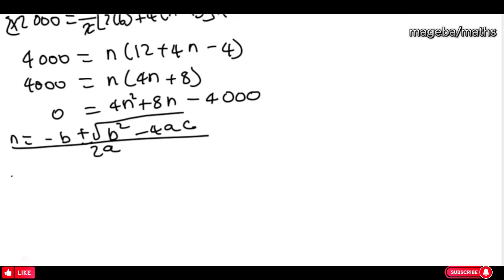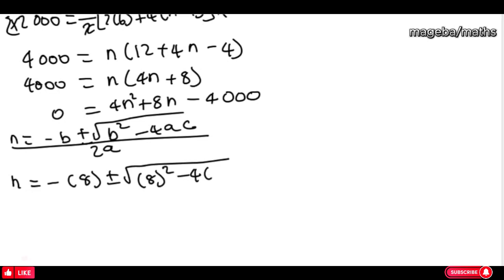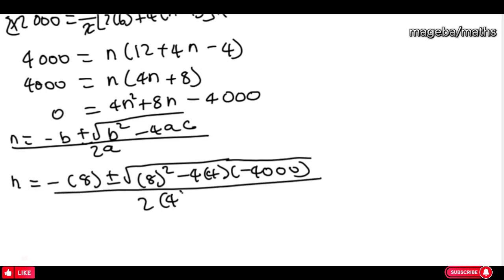and then n is equal to negative 8 plus or minus the square root of 8 squared minus 4, our a is 4, our c is negative 4000, all over 2 into a, which is 4.